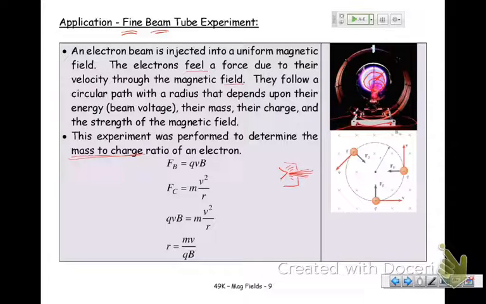What we say is that the magnetic force equals QV cross B. How is it that I can go from QV cross B to QVB? Why can I just get rid of that cross and ignore it? What's something about this geometry that lets me do that? They're at 90 degrees.